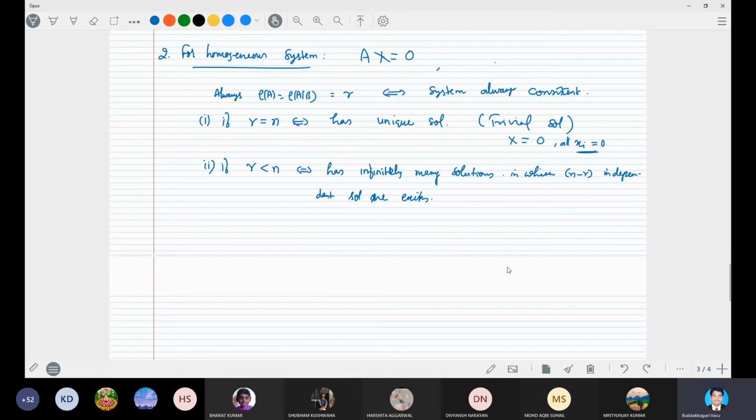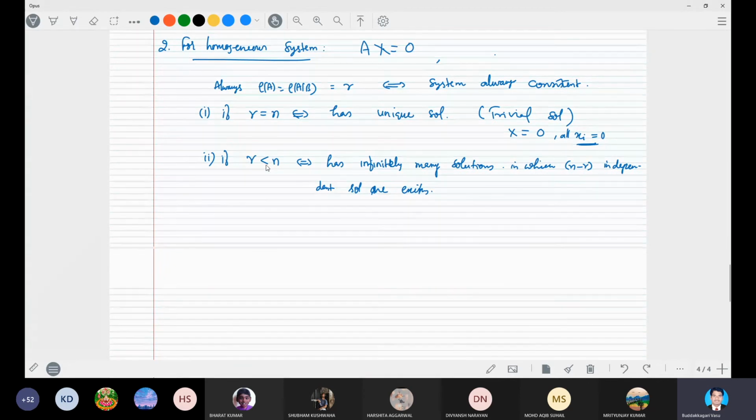Here also n minus r independent solutions are there if r is less than n. This is how we can define the nature of the systems. Now we can do the problem.